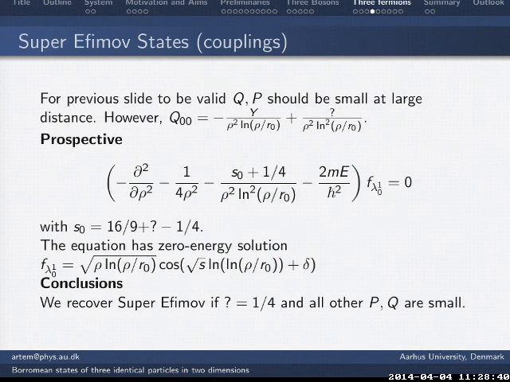And this actually reminds you of the Efimov scenario because it has a log, and this means that we require a super Efimov scenario if this question mark is exactly 1 divided by 4, and all other couplings are small, and it's something that we are working on now. I guess we can show that the other couplings are small.